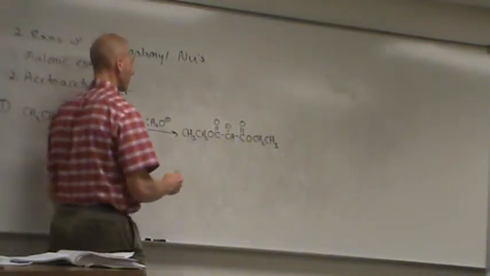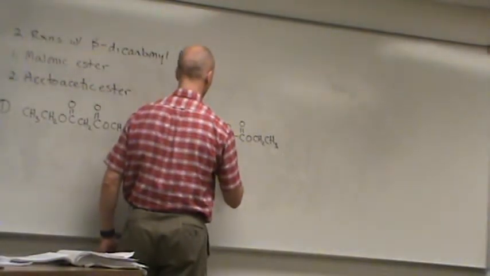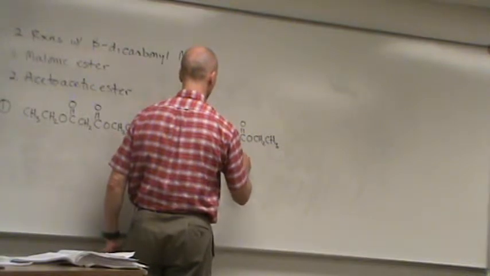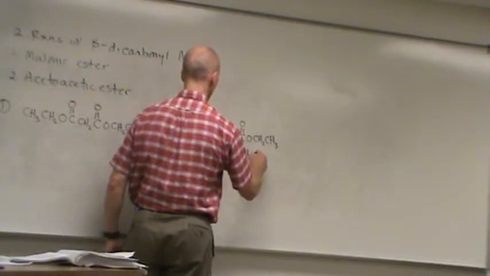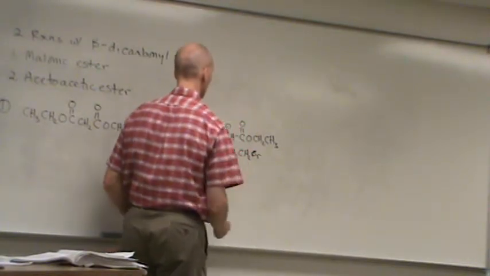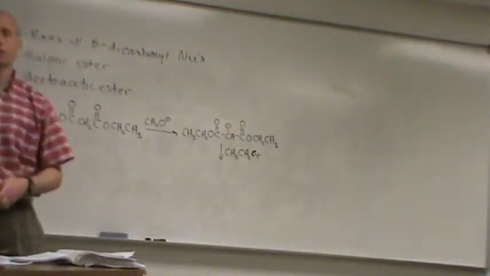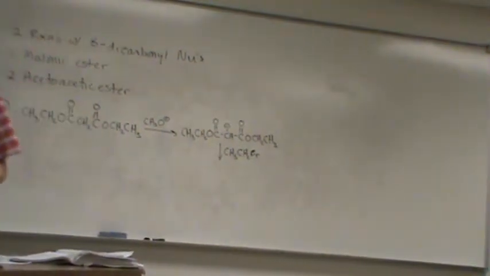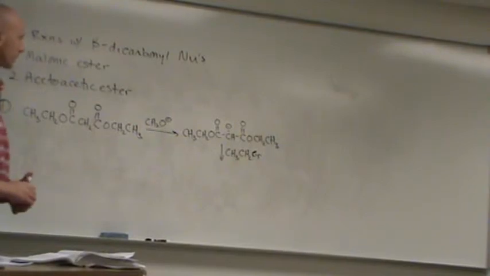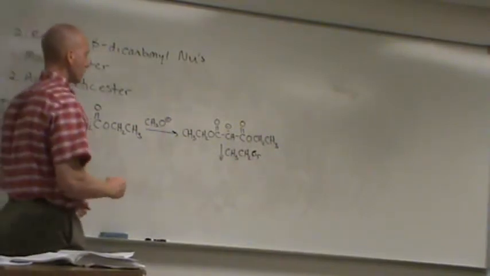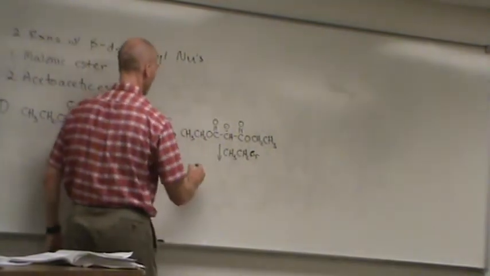And then remember what we did is we alkylated that. So for example, let's bring in ethyl bromide. And so that'll put this ethyl group here.